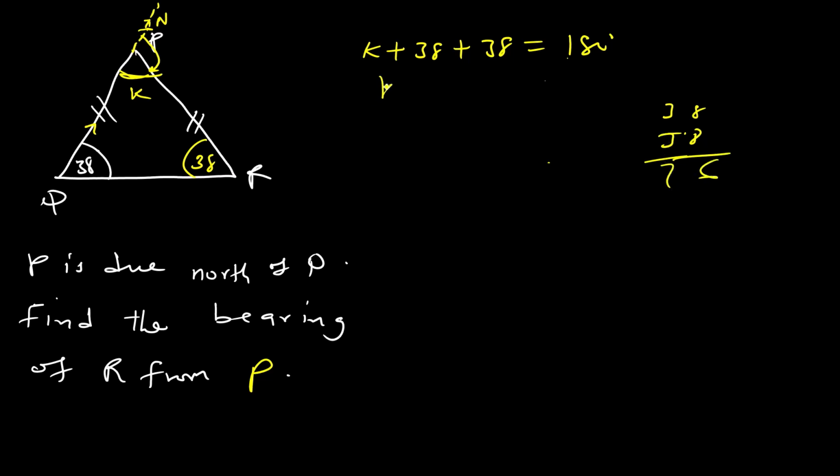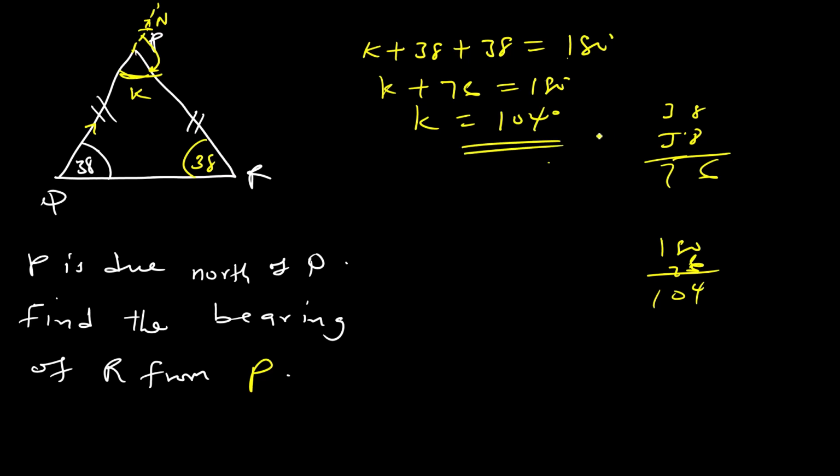So we have K plus 76 equals 180 degrees. So 180 minus 76 is 104. So we have K as 104 degrees. So with this, we can find this side.